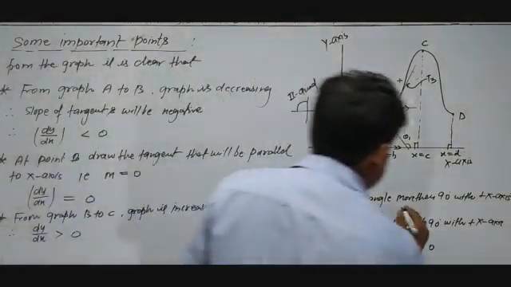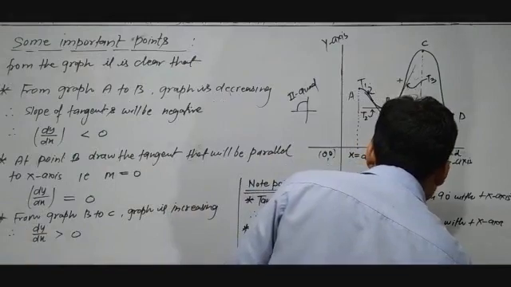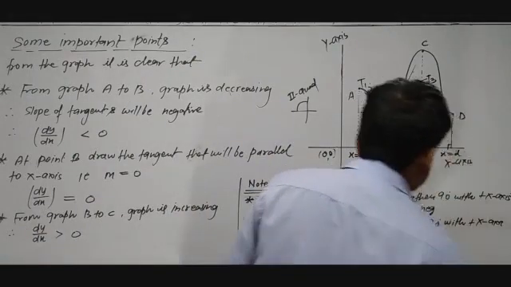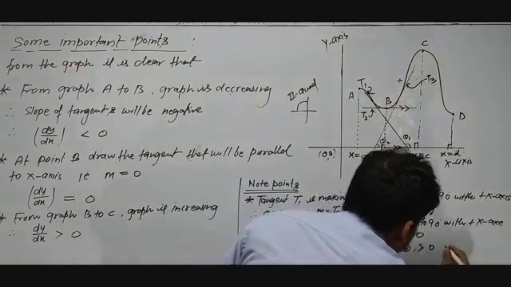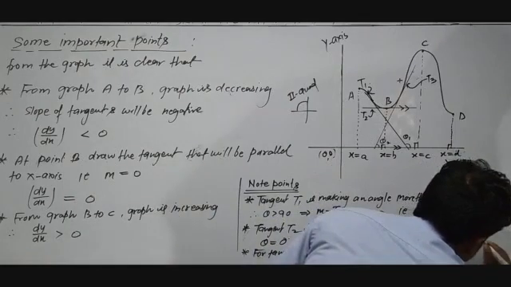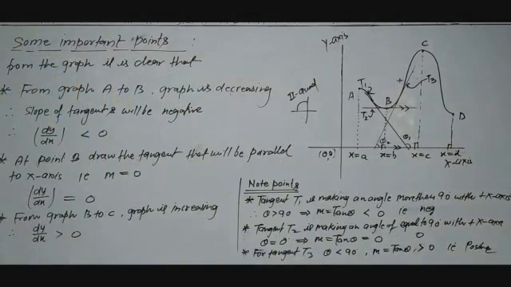And for this, how can we say, that is negative, 0, that is positive. So this is the explanation on the basis of tangents.